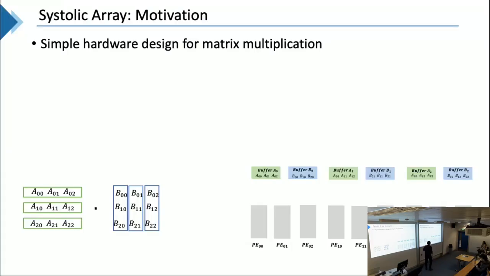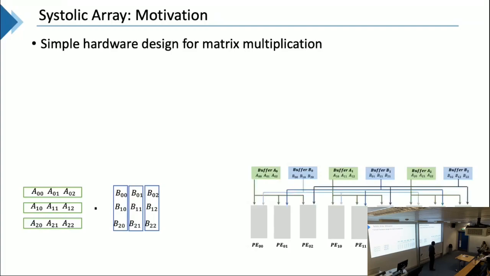Now the problem is how to feed the data from this buffer into all these computational engines. To achieve this, we need an interconnect network. Let's say we need to connect buffer A0 to the first 3 processing engines such that we can perform the corresponding matrix multiplication to get the result.